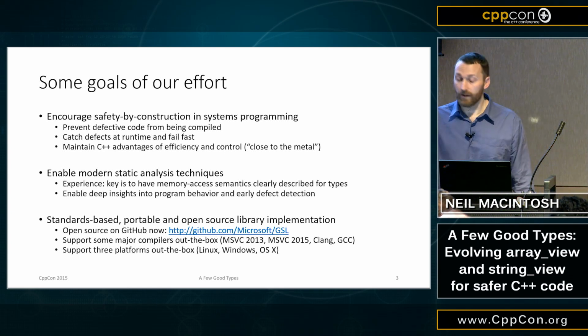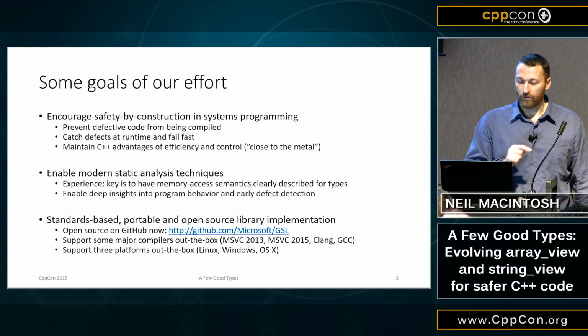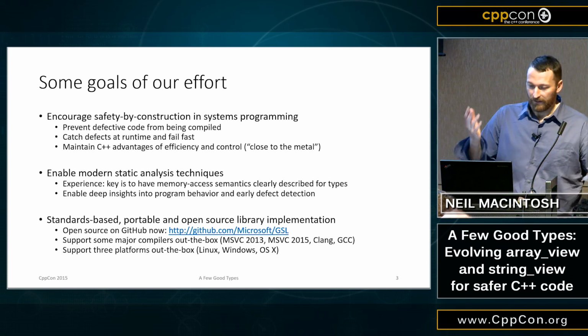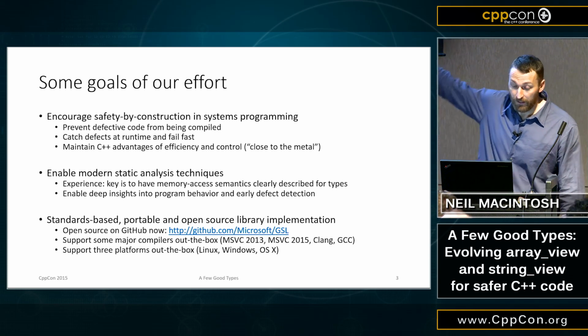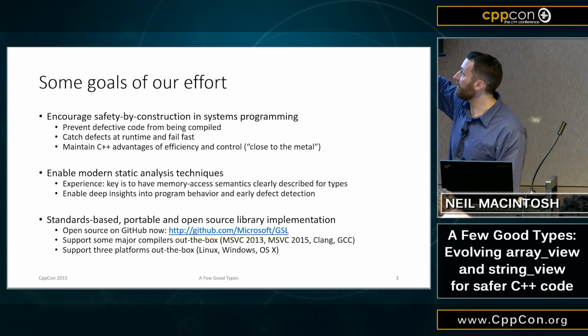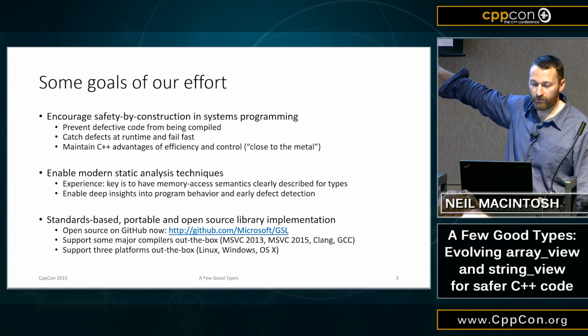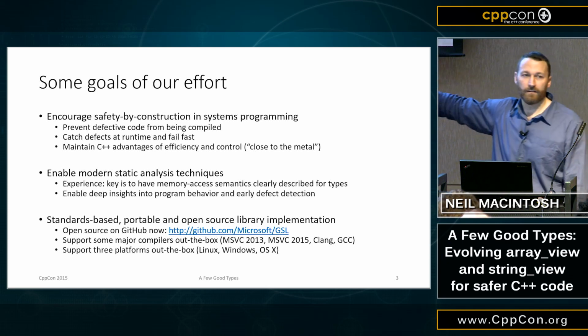I mentioned enabling good static analysis techniques, and these types do that. I talked about that in the previous talk, and if you weren't there, maybe you want to go see it on YouTube. The key thing, which most of you will have heard by now, is that these types are all being developed in the open. We have an open source repository on GitHub that contains our implementation. I encourage you to go look at it.